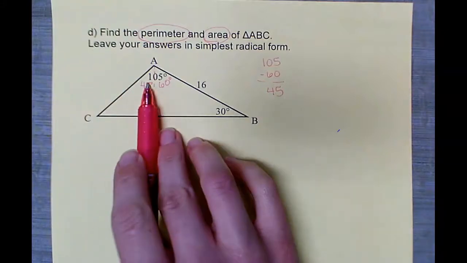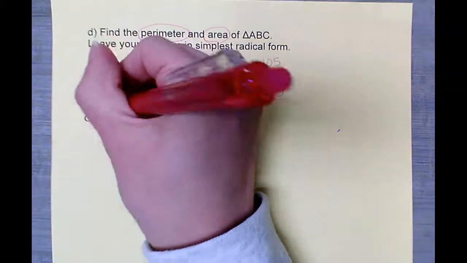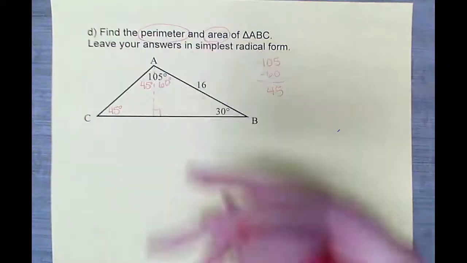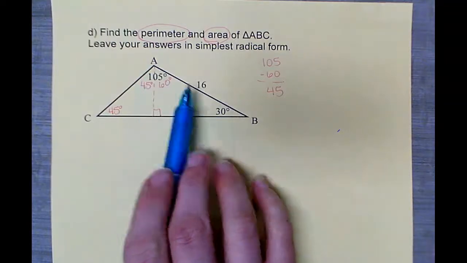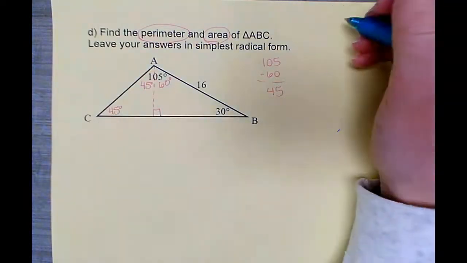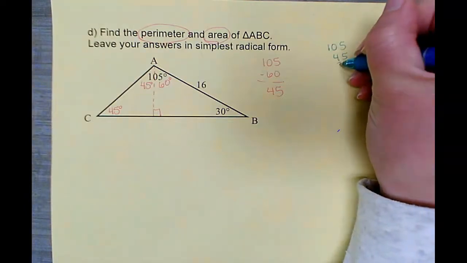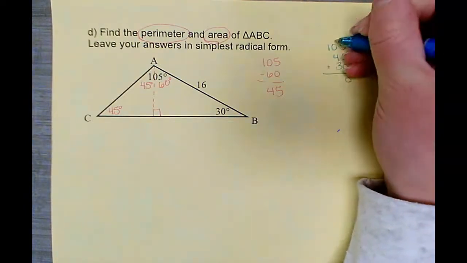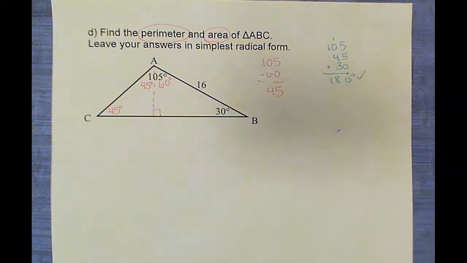We should have a 45 degree angle, a 90 degree angle, and another 45 degree angle. You could always double check to make sure that you have the right angle measures by adding the angle measures of the large triangle. So 105 plus 45 plus 30. If you add them all up, you should get 180 degrees, which we do.